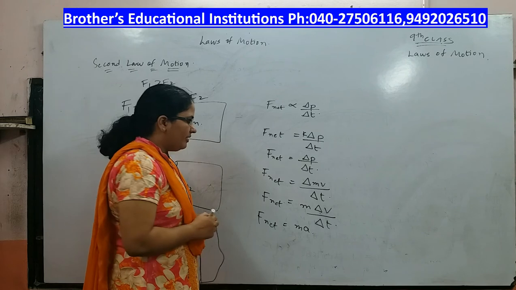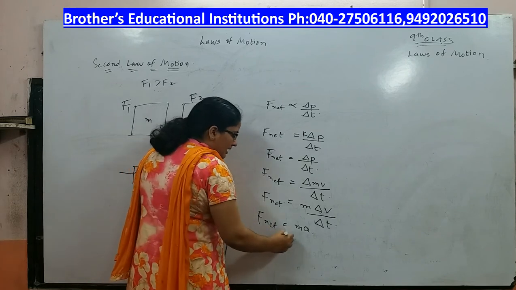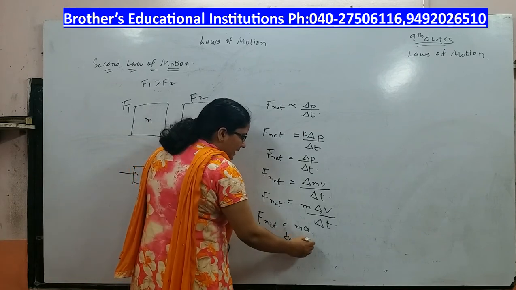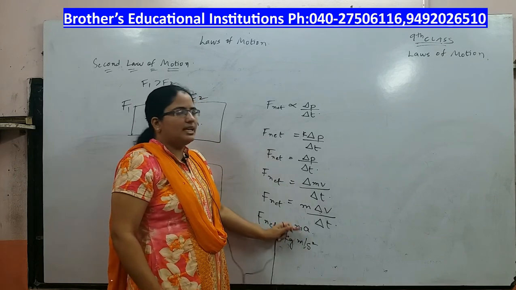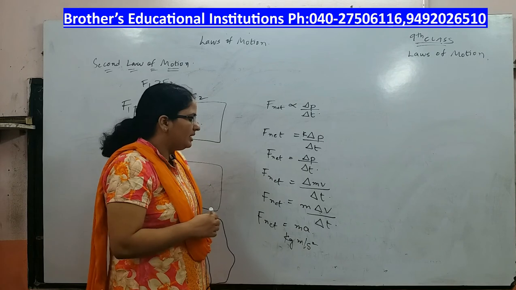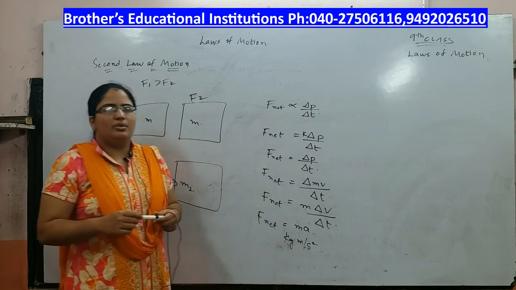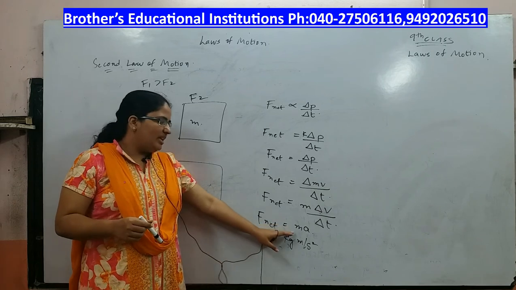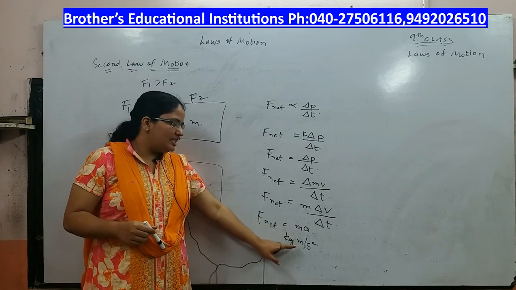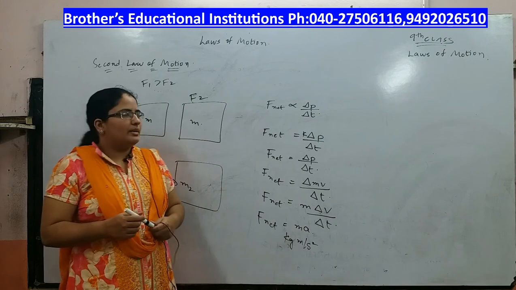The unit of F here is kg meter per second square, and the other unit of force is Newton. In the case of ma you can write it as kg meter per second square.